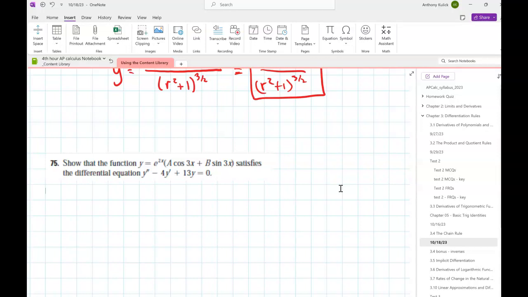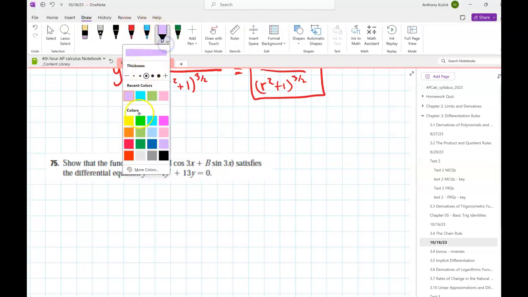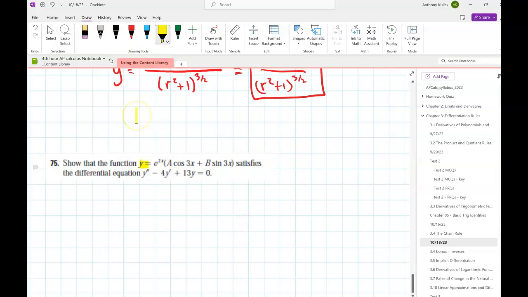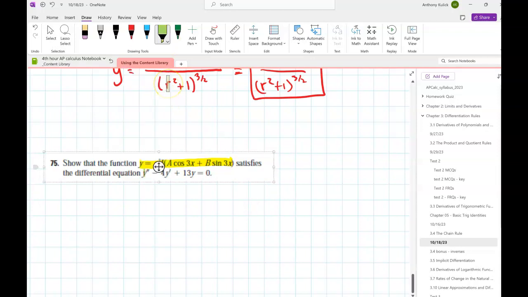So what I'm going to do is calculate using my function first y prime, and then y double prime, the second derivative, and then plug all three of those, y double prime, y prime, and y, into that equation and show that it all cancels out to 0.